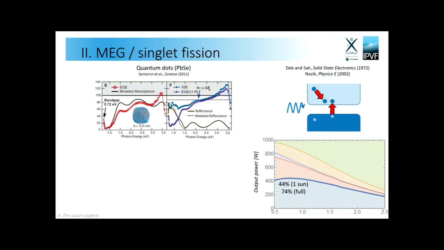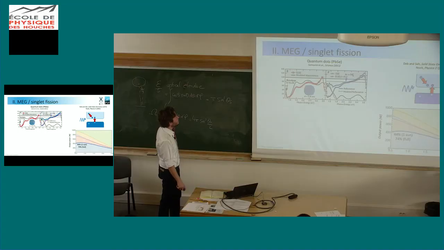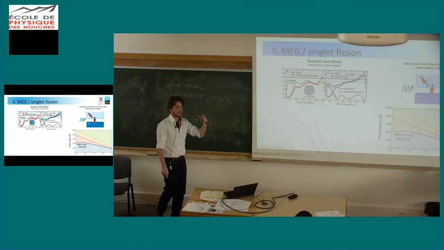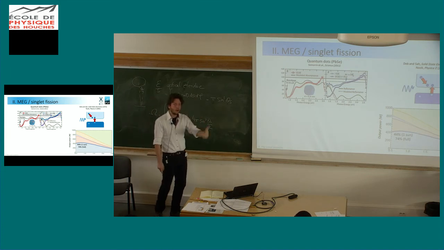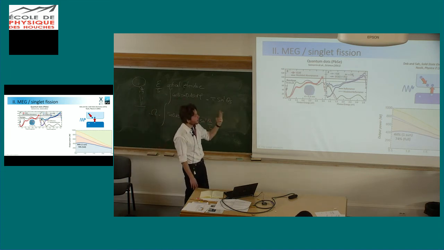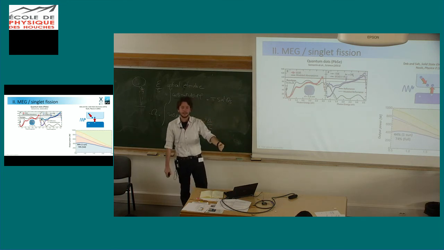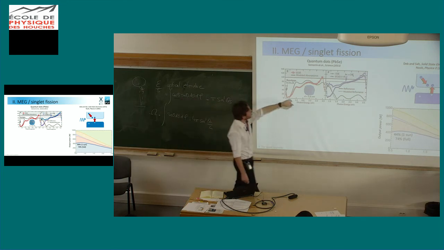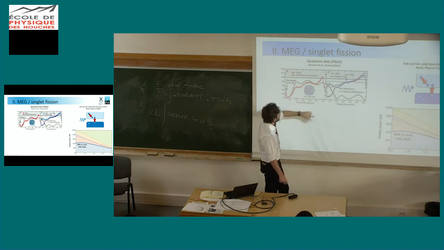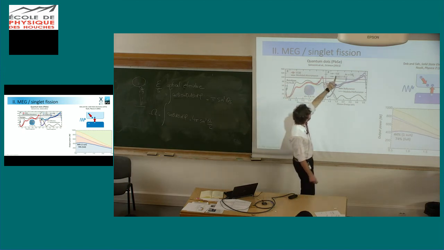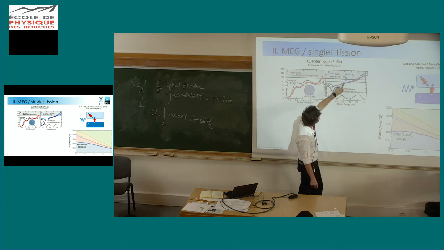Now this here is a very, very interesting topic, and we have very clear experimental signatures of results producing more than one carrier for each photon which gets in. This is what you see here with PbSe quantum dots. This here is, let's say, the external quantum efficiency.